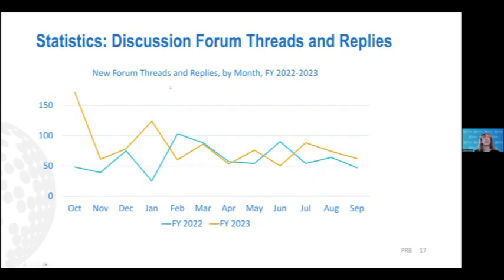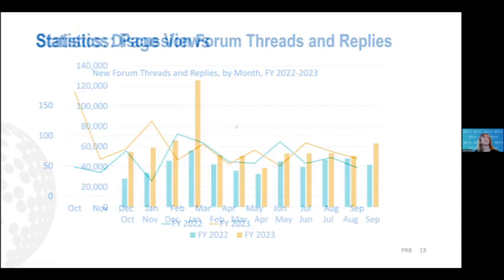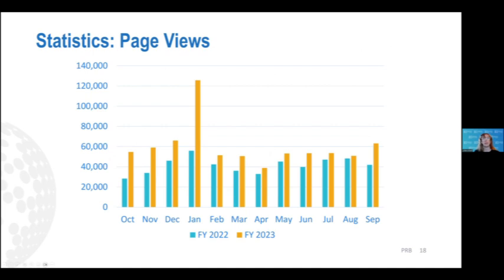There's a lot of discussion forum posts and they get a lot of replies. Here again, we have the total number of the threads and replies across the two last fiscal years. And here are the number of page views that the ACS online community gets.